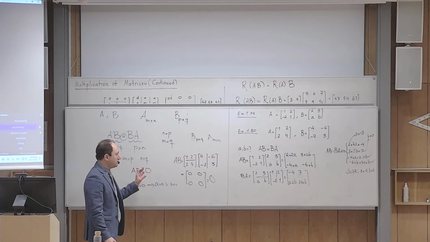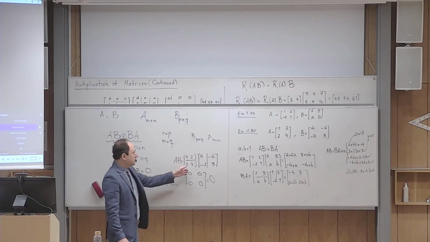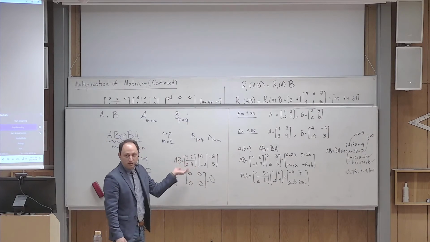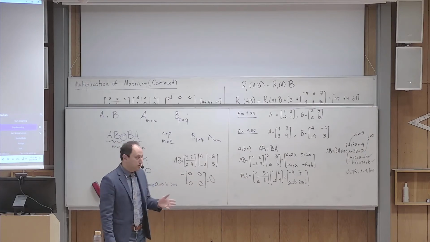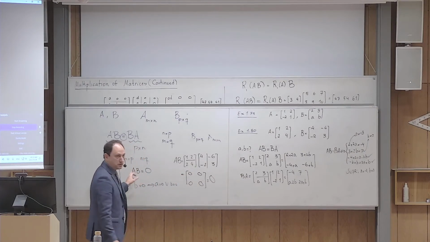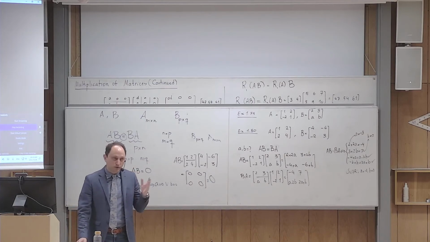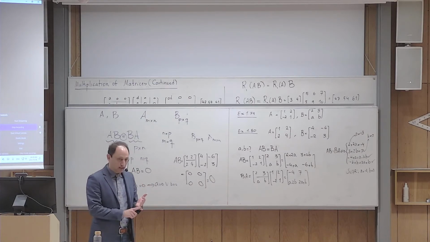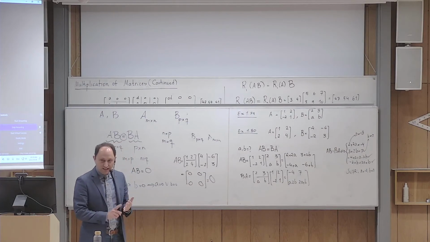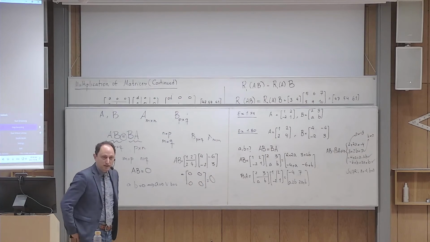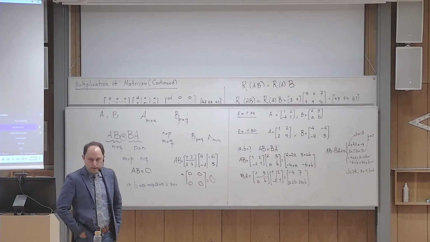I have intentionally made this example in a way that you don't see even one 0 entry. No 0 entries are there. So this is the second message, the deviation between matrix algebra and number algebra. The first is that we lose commutativity. The second is that the zero product rule is not guaranteed when it comes to matrix multiplication.